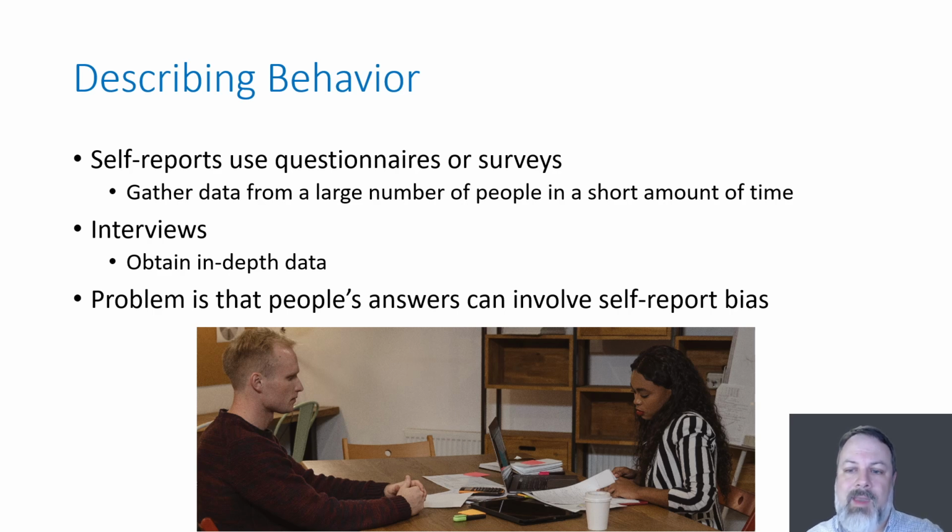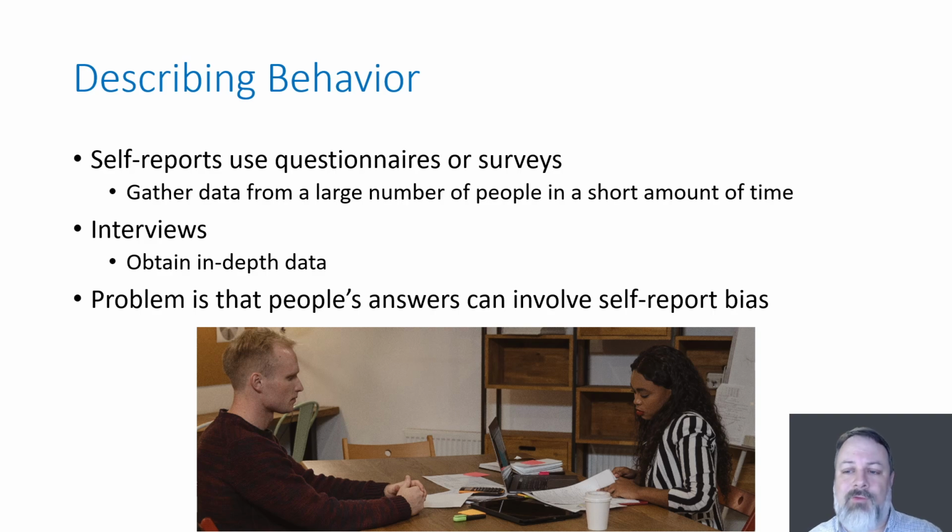You might interview some people so that you can start to get an idea of the possible range of answers that people have for why they do what they do, or how they feel, or what have you. And then once you have an idea of what the range of responses are, you can create a survey or a questionnaire that can then be sent out to a large number of people.